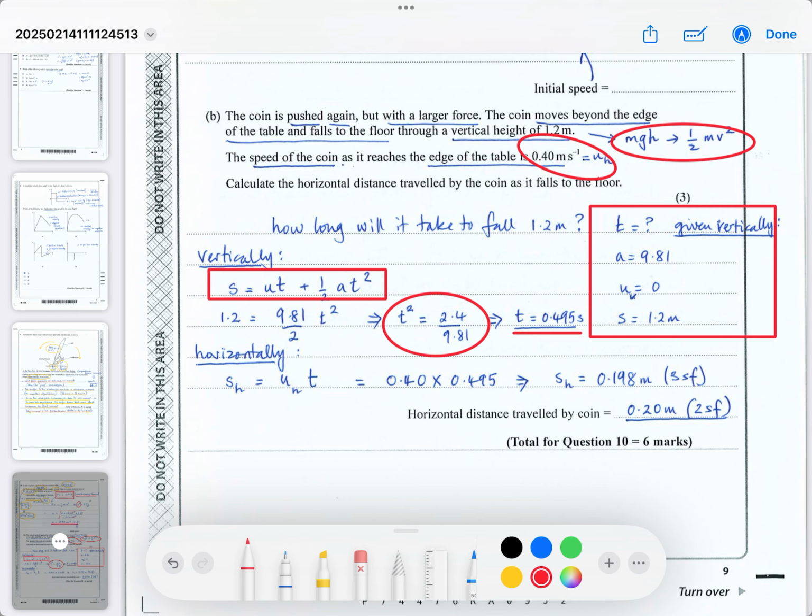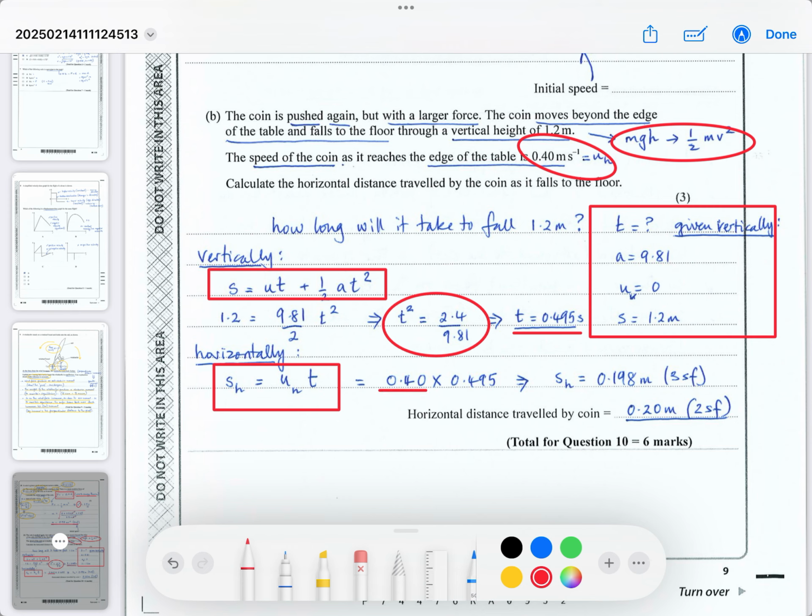I put it to 3 significant figures as it's an interim value, but you'll notice that all the data provided is to 2 significant figures. Once you've got the accurate time, you keep the accurate time, and then you know that horizontally there is no change of velocity because we're ignoring air resistance. Put the value in for the initial speed horizontally, which was given to us as 0.40.